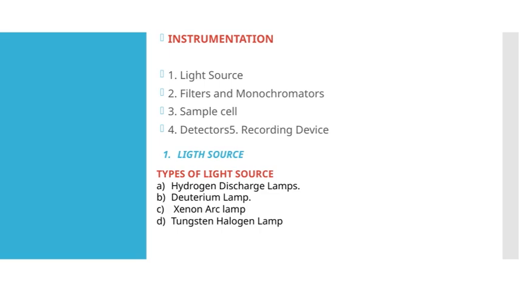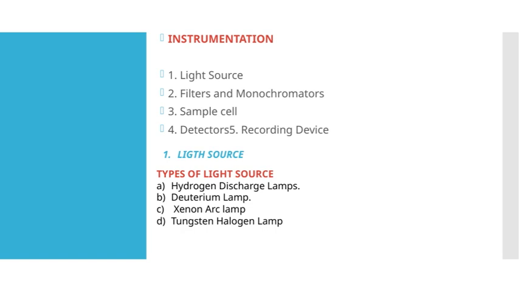Moving on, the xenon arc lamp is a broad-spectrum light source that mimics sunlight quite closely, perfect for applications requiring a wide spectral range. Then there's the tungsten halogen lamp, widely used for visible light spectroscopy because of its stable and intense output in the visible and near-infrared regions.